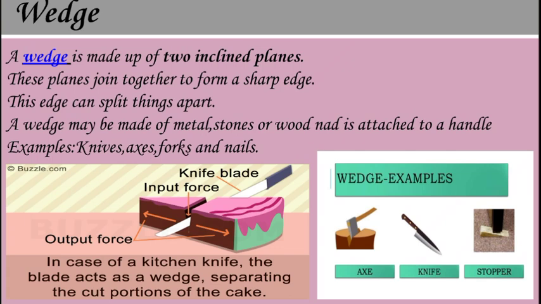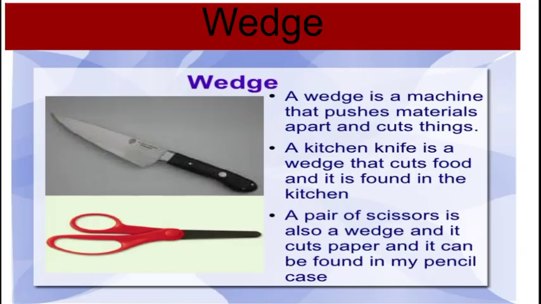Examples: knives also come under the wedge, since in a wedge the inclined plane is also present. Knives, axes, forks and nails.